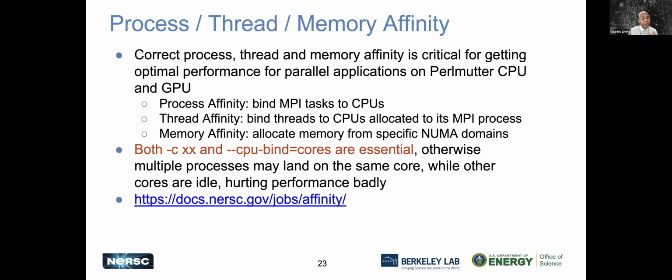And then you can also do memory affinity for allocating memory in those specific NUMA domains. There are different ways in which you can do that, binding the cores using the different CPU bind options available. Multiple processes can land on the same core when cores are idle.